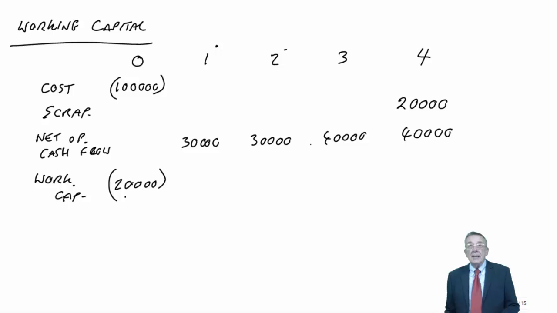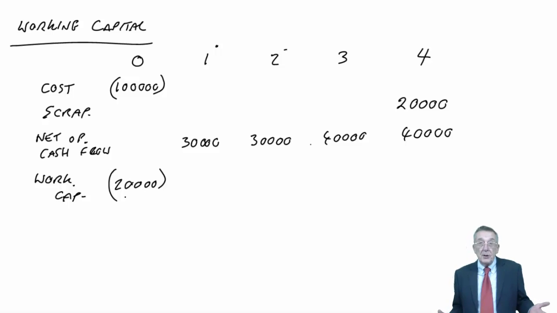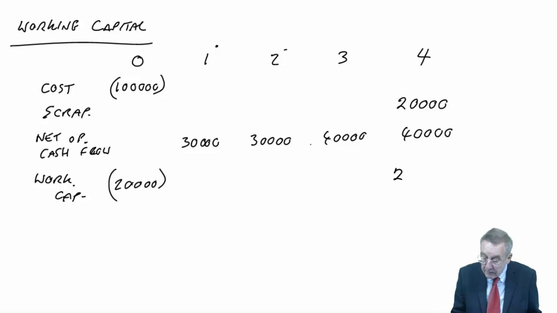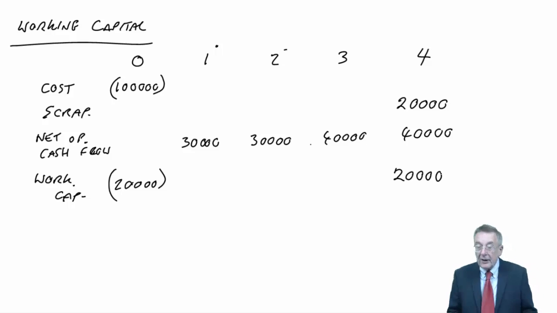And so automatically, unless you're told otherwise, we assume that that 20,000 is only needed for the life of the project, and that we get it back, an inflow at the end of the 4 years.